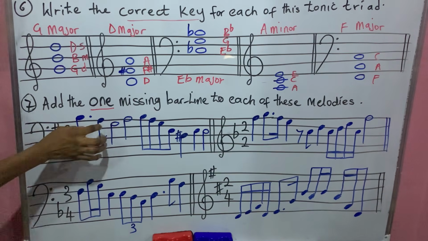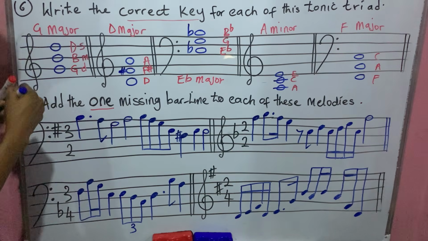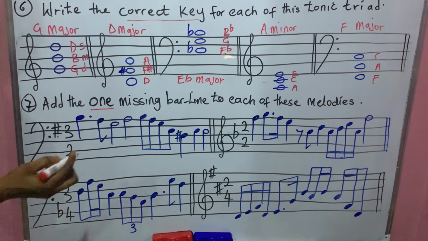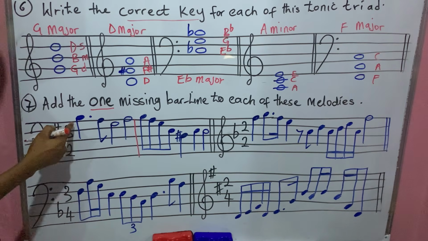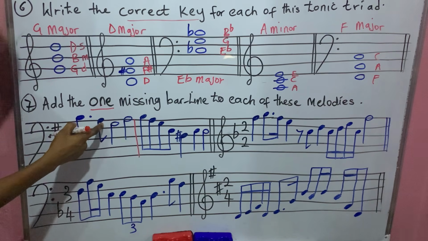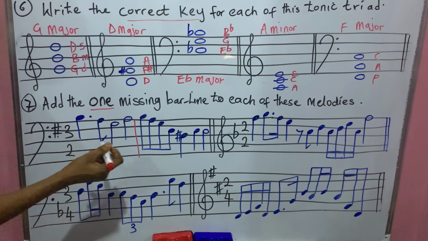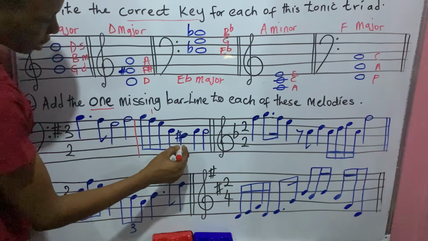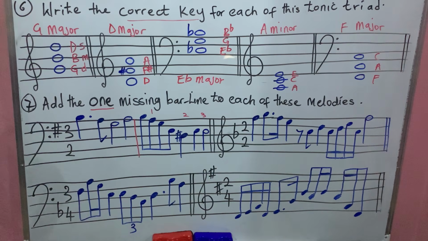This is 3/4, quarter 1 2 3. 3/4 means 3 beats per bar. So here we have 3 beats. This makes a beat, 2 beats, 3 beats. So it's complete. Then we have all these notes making 1 beat, this is 1, these 2 and 3. So we fixed the missing bar line.